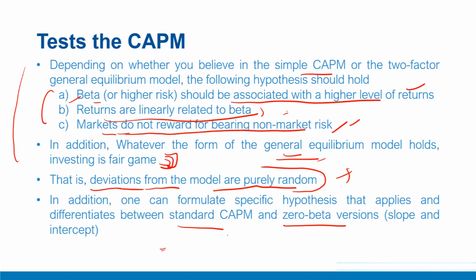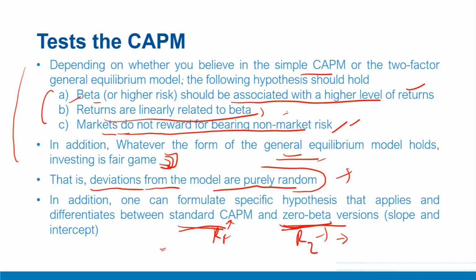For example, if you're making the zero beta version, then instead of R_F as with CAPM, you need to use R_Z bar as the expected return on a zero beta portfolio, a portfolio which, although it had some risk, had zero market risk, so it had no correlation with the market. So some specific assumptions to this zero beta would lead to an equilibrium model or testing of a model which is of this form. Or if you're making assumptions which are similar to standard CAPM, then you will get a model, or rather testing the model, which is of standard CAPM form, and so on.